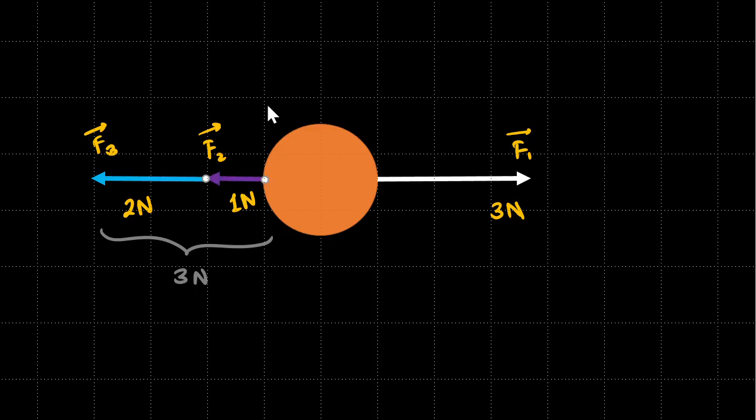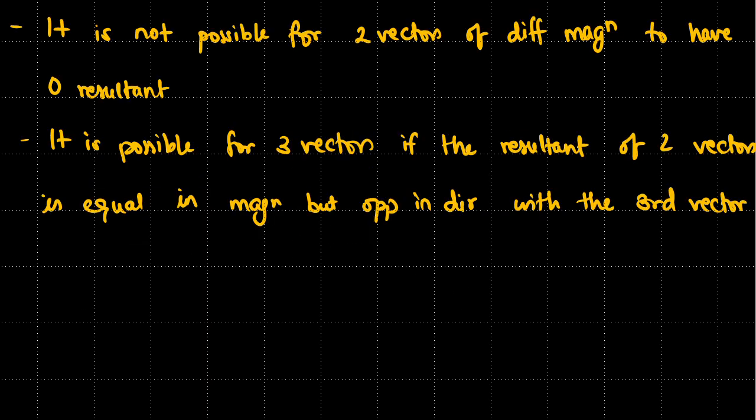Even if they are rotated, if you remember the triangle law and parallelogram law, you can obviously have a resultant that is 3 newtons. Even if the angles are different and the values are greater, there is a possibility to have 3 newtons in a parallelogram or triangle. So that's why we are talking about the resultant. I think I explained it pretty well.